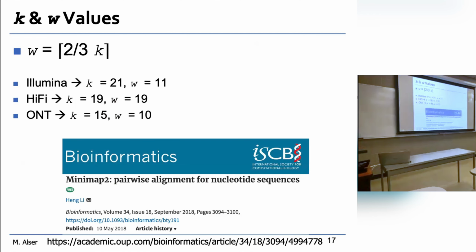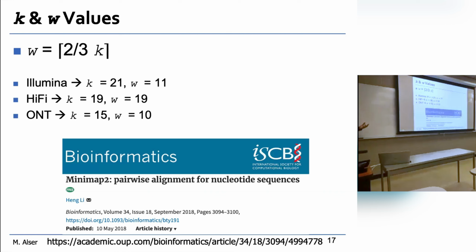Based on the recommendation of a tool called Minimap2, which is one of the most famous tools that perform read mapping, it recommends the following. The W should always be 2/3 the K value, with a ceiling sign, because we cannot have a fractional number.